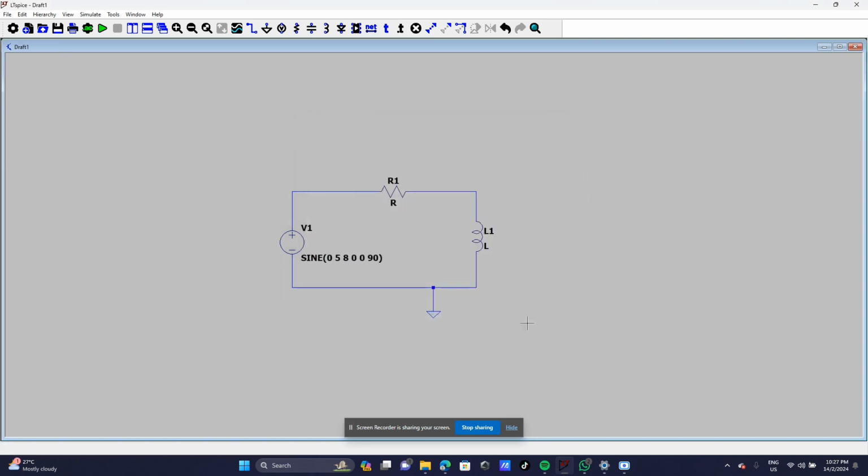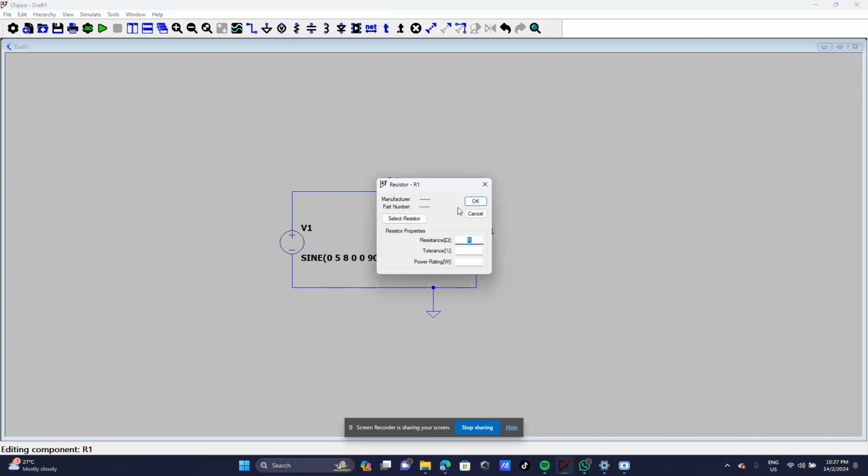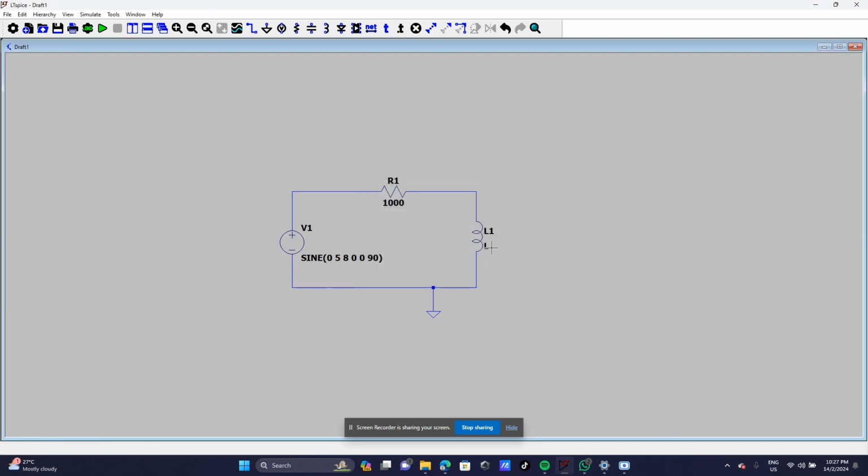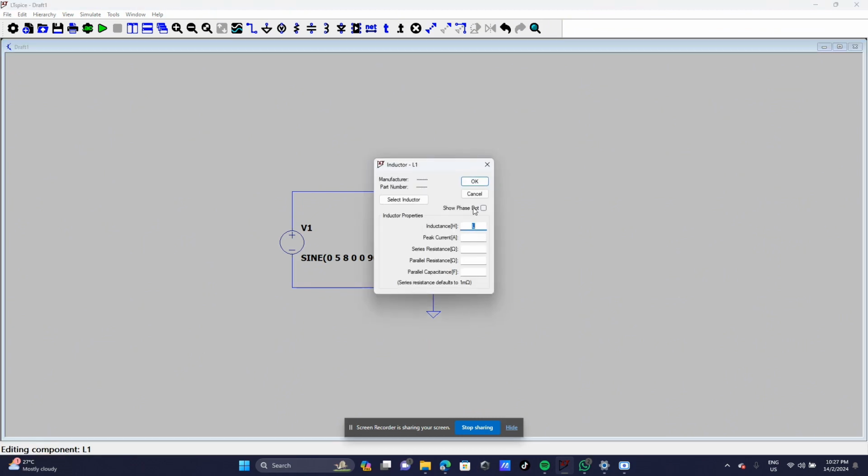And then we just click OK. We obtain values like this, and then we're going to put the resistor value, which is 1 kilo ohm or 1000 ohm. Click OK, and then we're going to put the inductance value, L equals 15, as stated in the graph and the question.